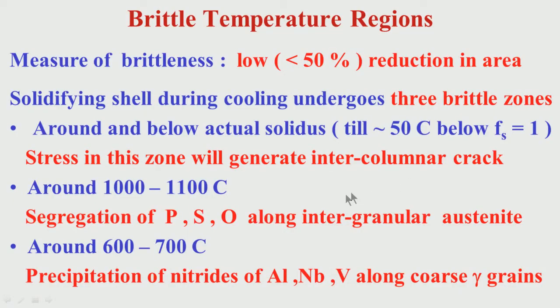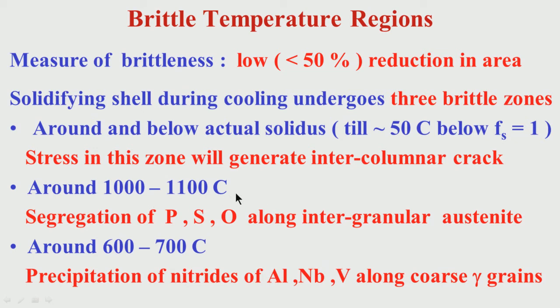During solidification it is delta ferrite, but at very low carbon, when it is cooled to lower temperature, the delta to gamma transformation in solid state will take place. So around 1000 to 1100 it is only austenite.